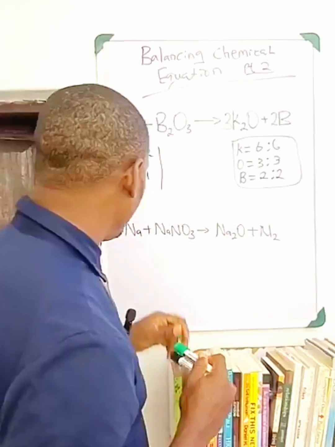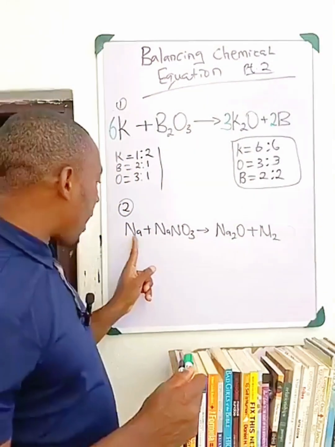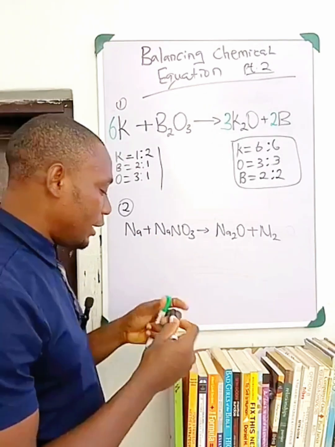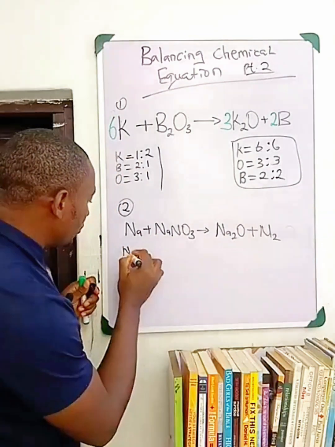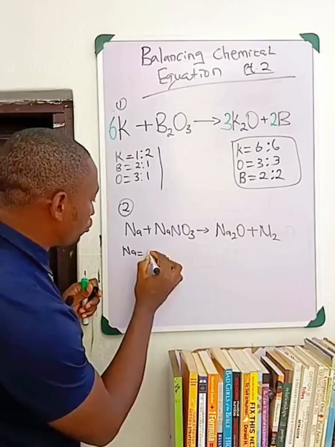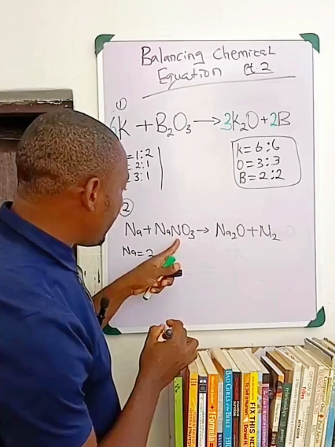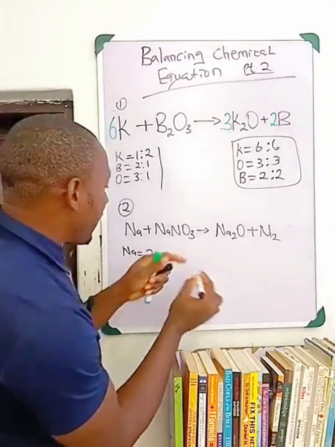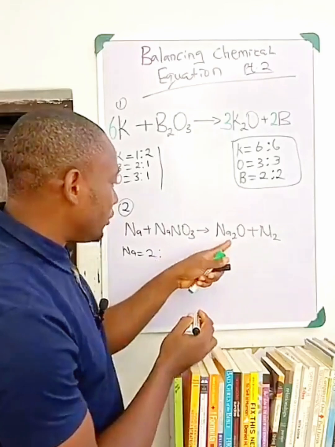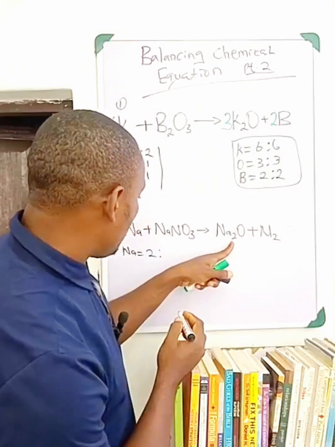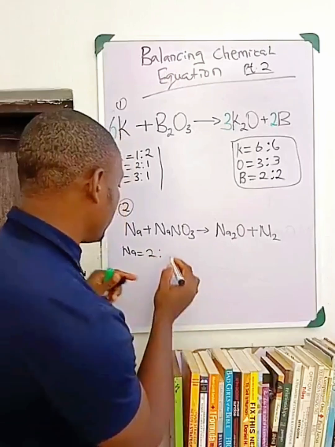So what we'll now do is, we'll look at sodium. Sodium is 2 here, 1, 2. Okay, let's still bring it down. Sodium is 2, right? How many sodium do you have the other way? On the product side, we have 2 sodium.